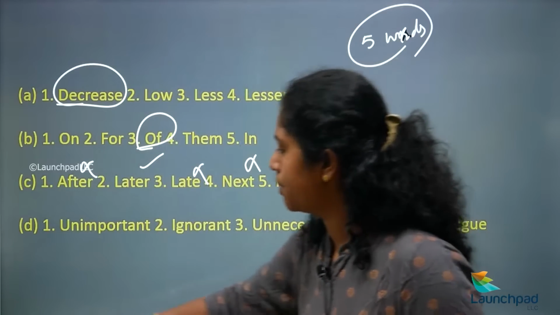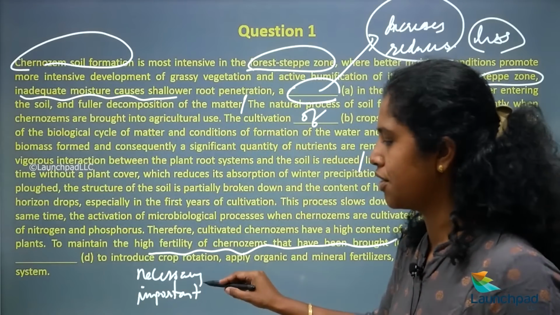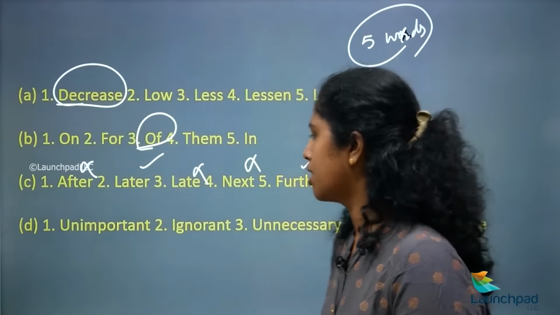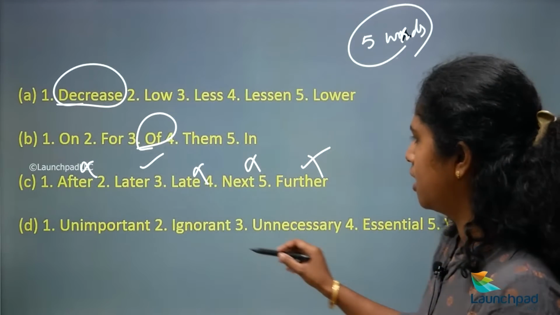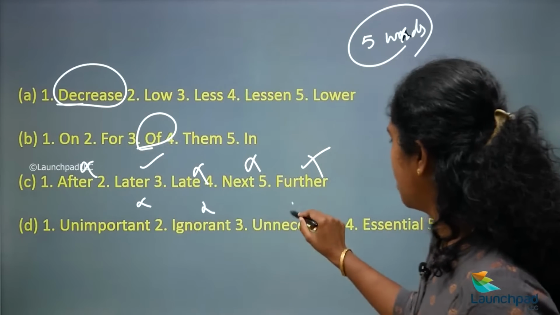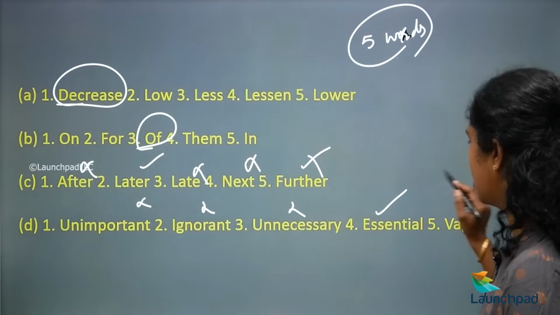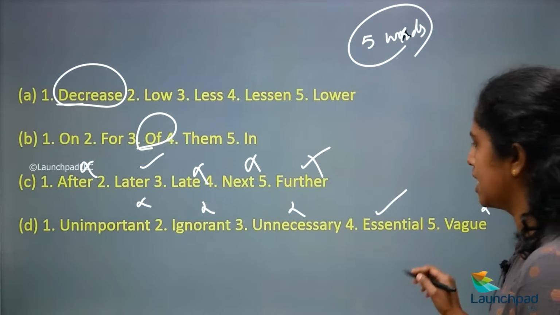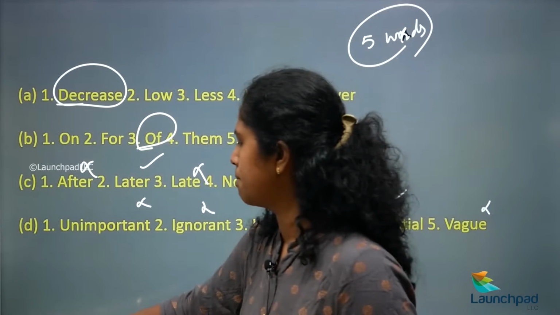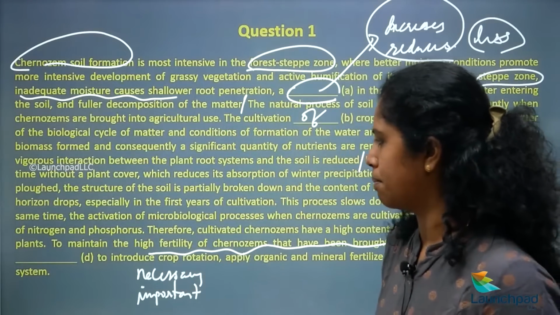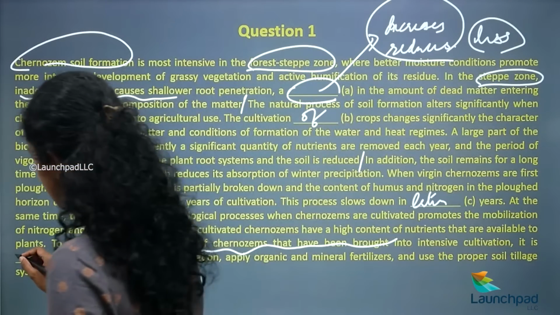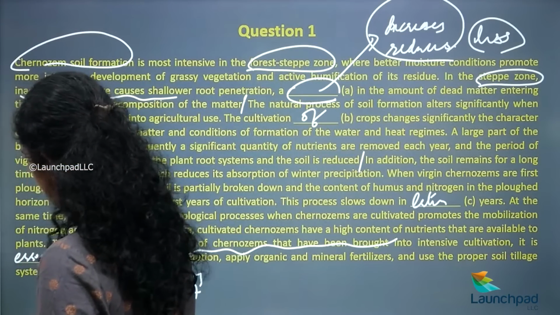And what did we think about the fourth option? Necessary or important. So here you can see unimportant, no. Ignorant, no. Unnecessary, no. Essential, yes. So essential is also similar to necessary or important. So what we can do is, this is essential.